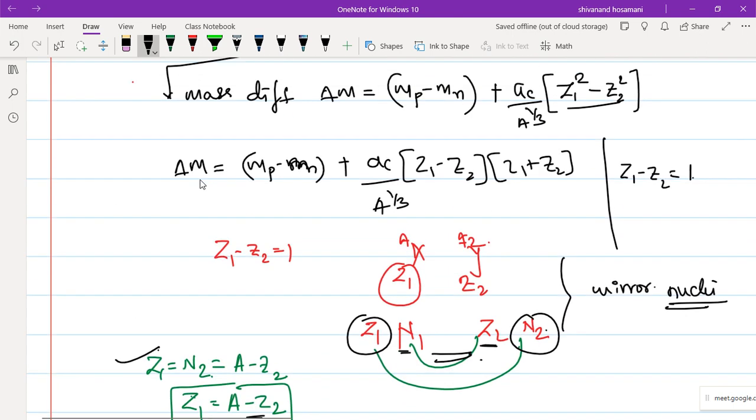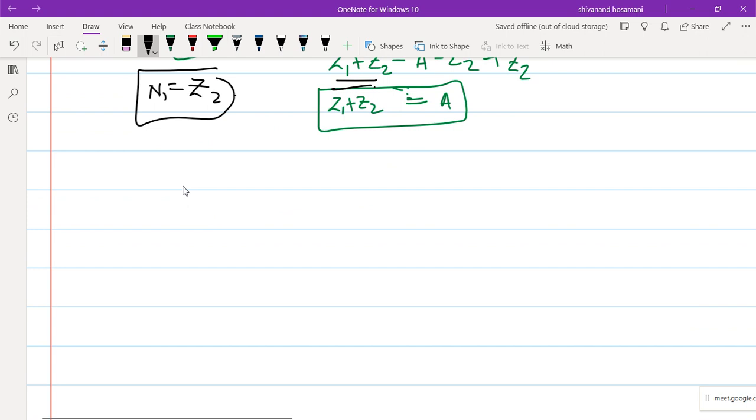And by replacing in the above mass difference equation, what I get here is delta m equals mp minus mn, plus AC divided by, already we know, a to the power 1 by 3. Then if I replace all these terms, z1 minus z2 becomes 1, and z1 plus z2 becomes a.